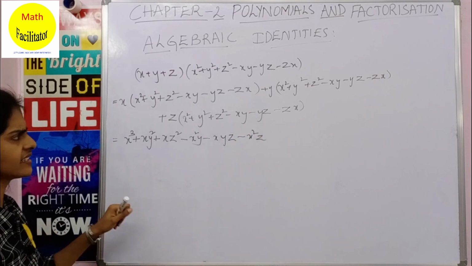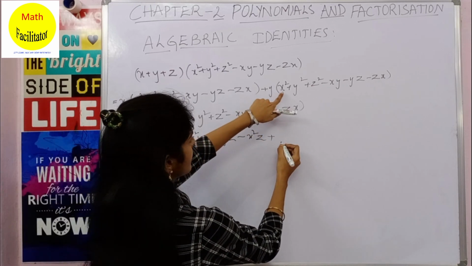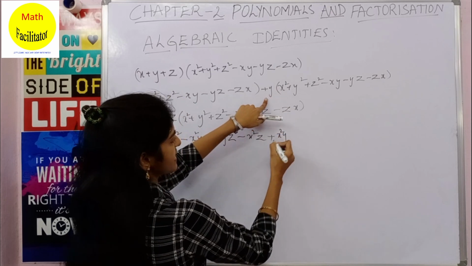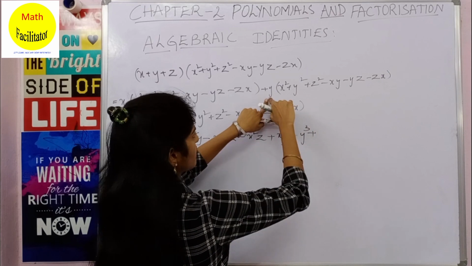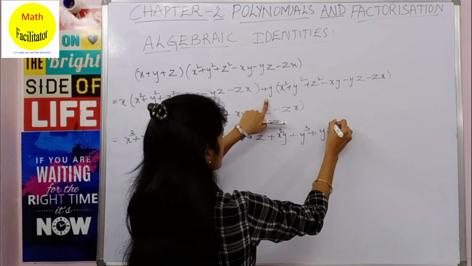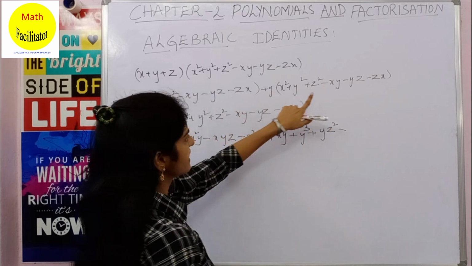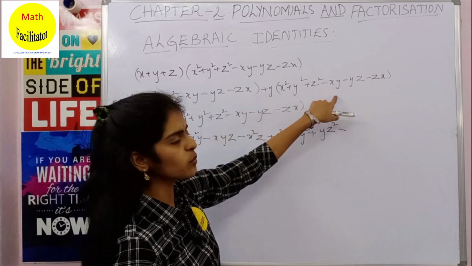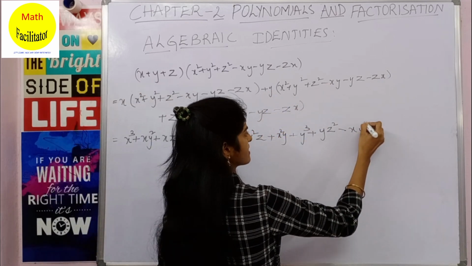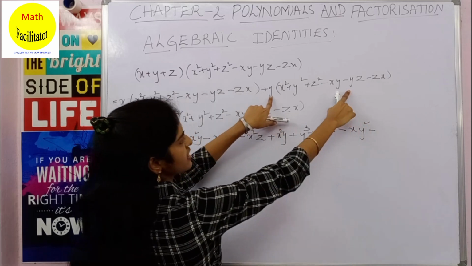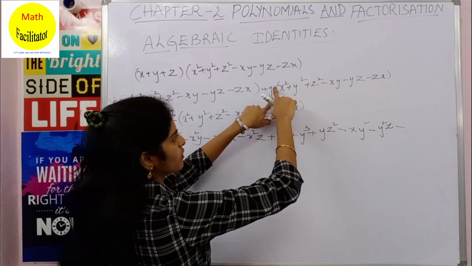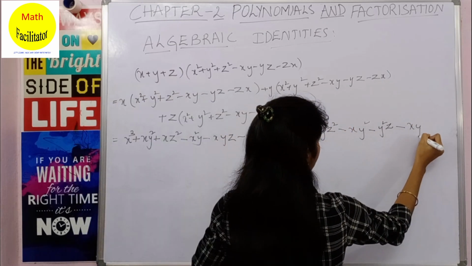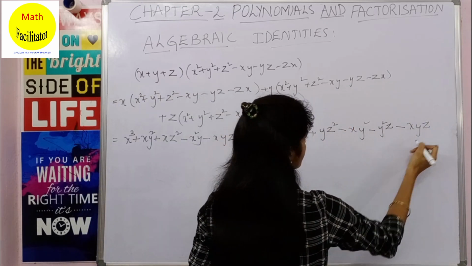Clear? Simple calculations. Plus you have x square y, plus y into y square is y cube, plus y into z square is yz square, minus here it is x into y, so xy square, minus here it is y into z, so y square z, minus y into zx, so xyz.